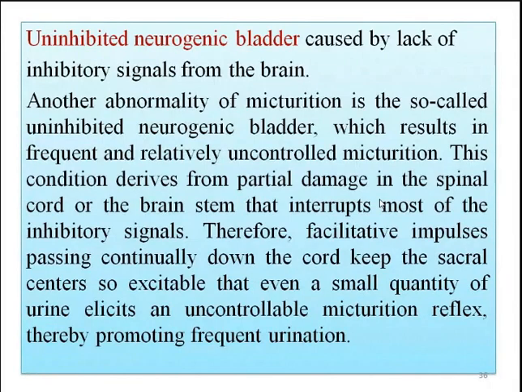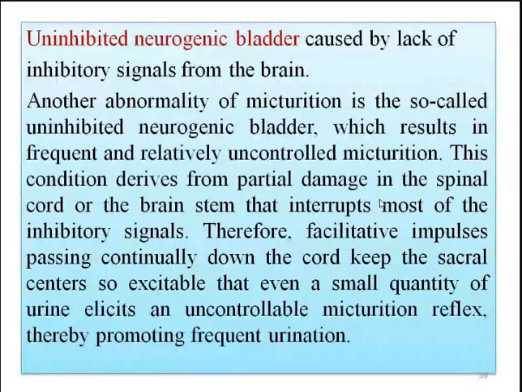Therefore, facilitative impulses passing continually down the cord keep the sacral centers so excitable that even a small quantity of urine elicits an uncontrollable micturition reflex, thereby promoting frequent micturition. So here there is uncontrolled frequent urination.